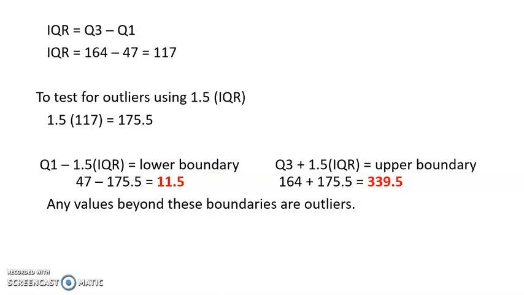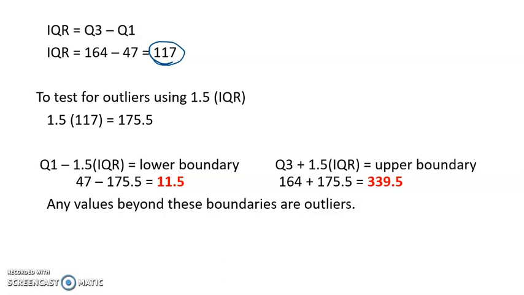To get the interquartile range, we subtract quartile 1 from quartile 3. In that previous problem, these were our two quartiles. So we subtract, and this gives us our IQR. And to test for outliers, we use 1.5 times the IQR. So 1.5 times that number gives us 175.5.